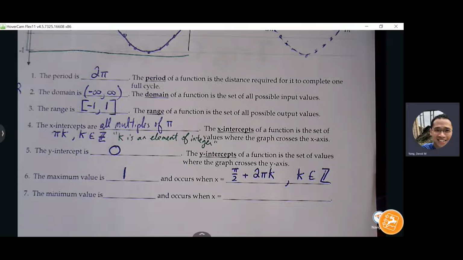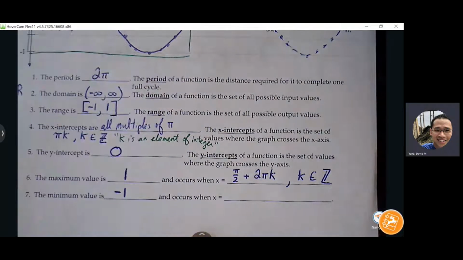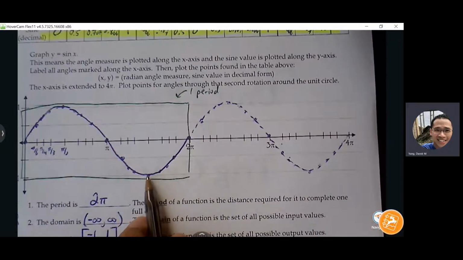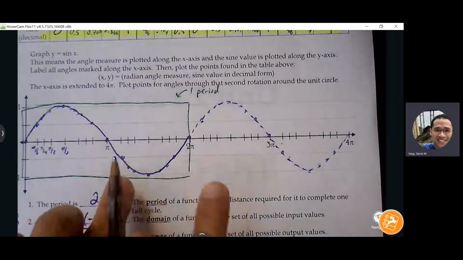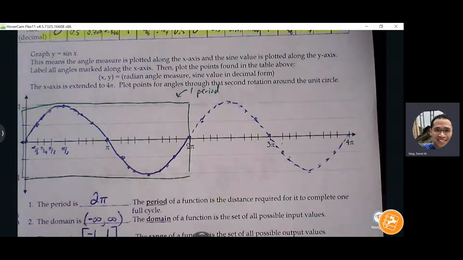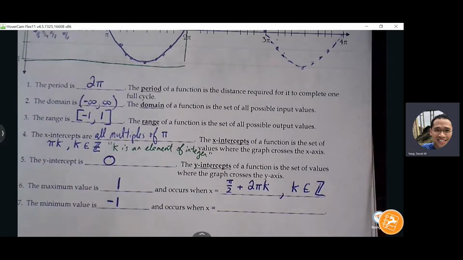Okay, minimum value. What's the minimum y value? -1. And we see the first instance is at 3 pi over 2, so I can just go infinitely in both directions from 3 pi over 2, just keep adding 2 pi or keep subtracting 2 pi. If I keep adding or subtracting 2 pi, I'm going to keep hitting these points where the -1 is going to show.